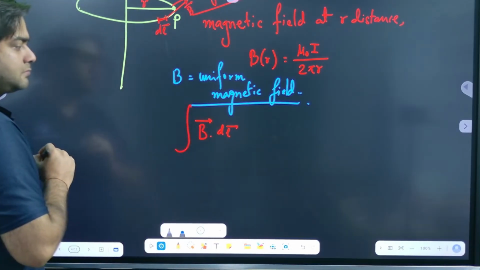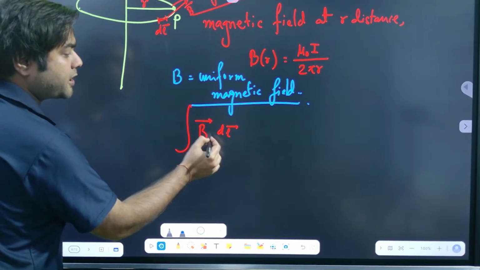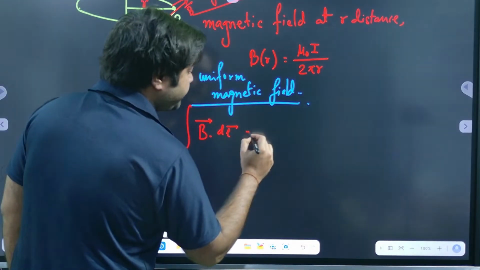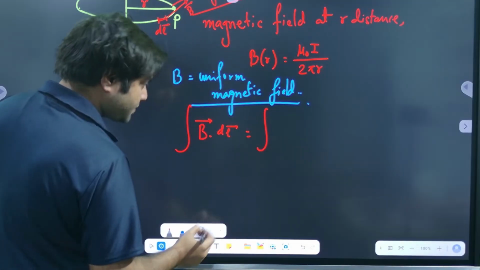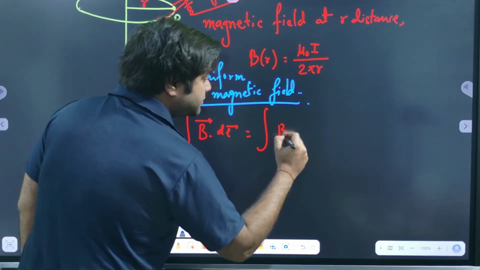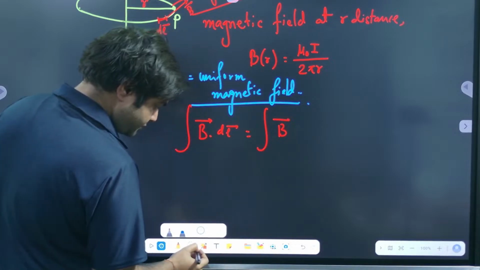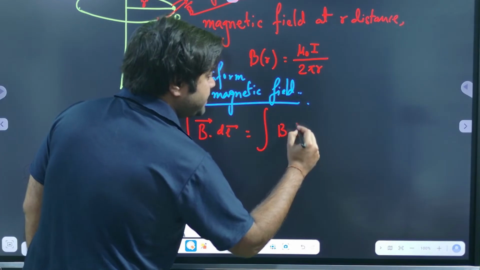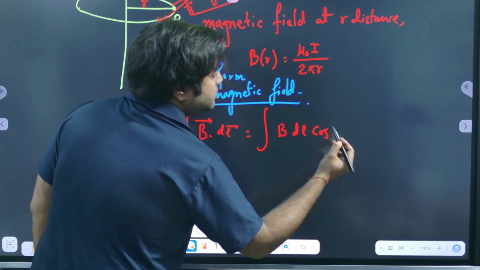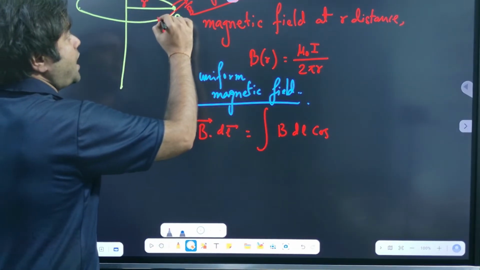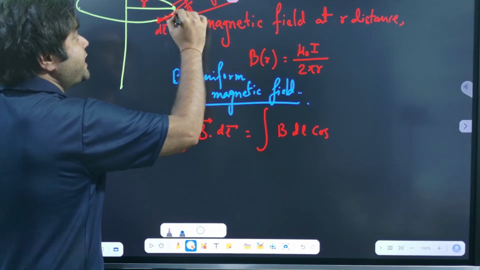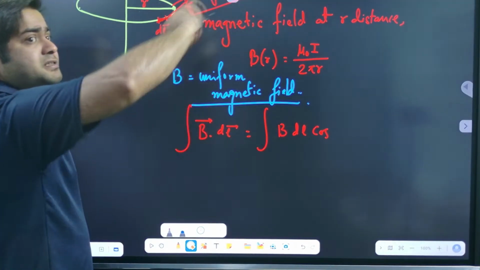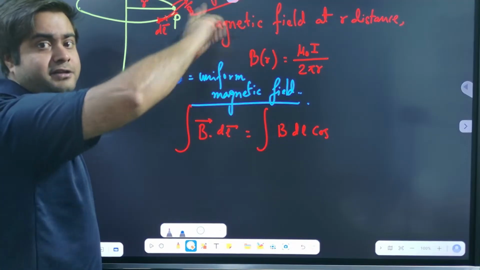We have taken a dot product here, and we know that for the dot product a cos term will appear, that is B dl cos theta. But here dl and B are along the same direction, because it is over a line and they are both tangential.